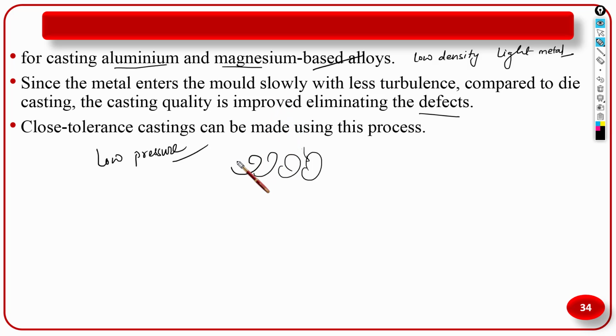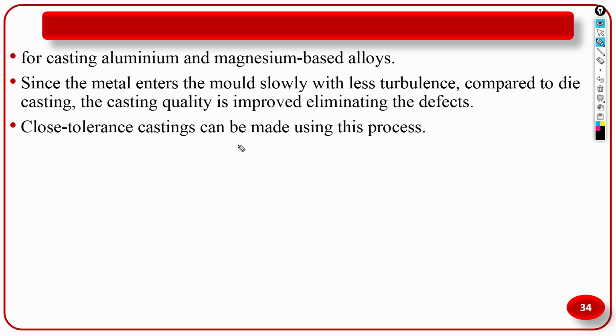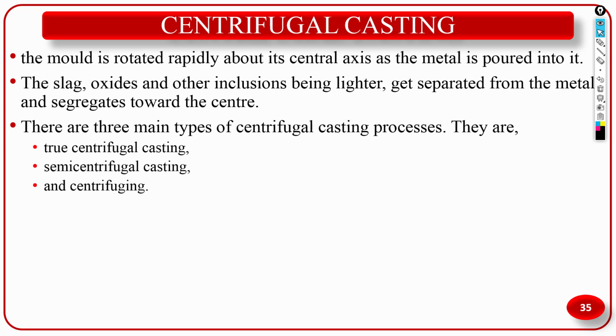So close tolerance castings can be made using this process. So you understood: in low pressure die casting a little bit of pressure is maintained, it's not like complete vacuum is done.